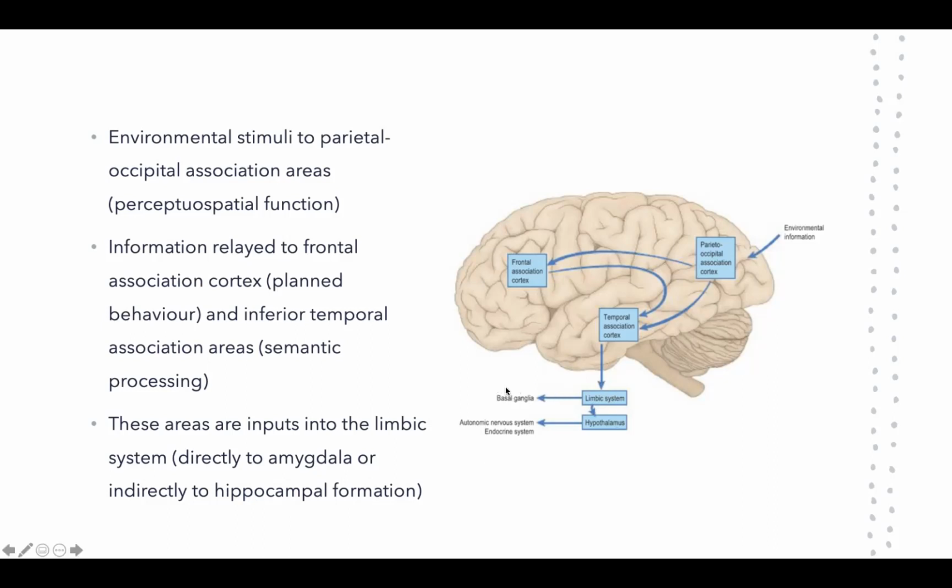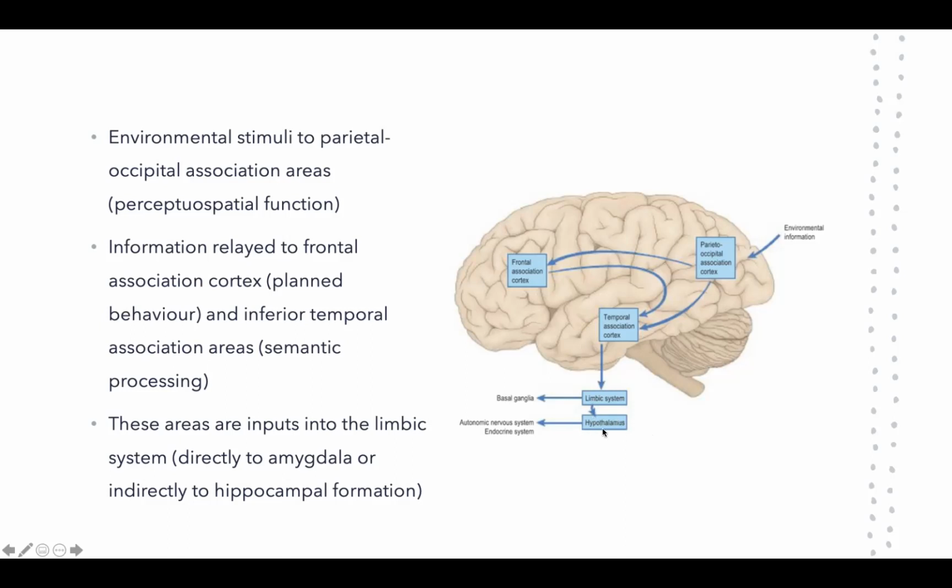It can go through our basal ganglia, and this is important for our motor expression of our emotions. So after our environmental stimuli, you see something that maybe you don't like, it analyzes that information, it puts in our planning and our behavior, and also puts meaning into that information. Then you might show a face of disgust through that motor expression.